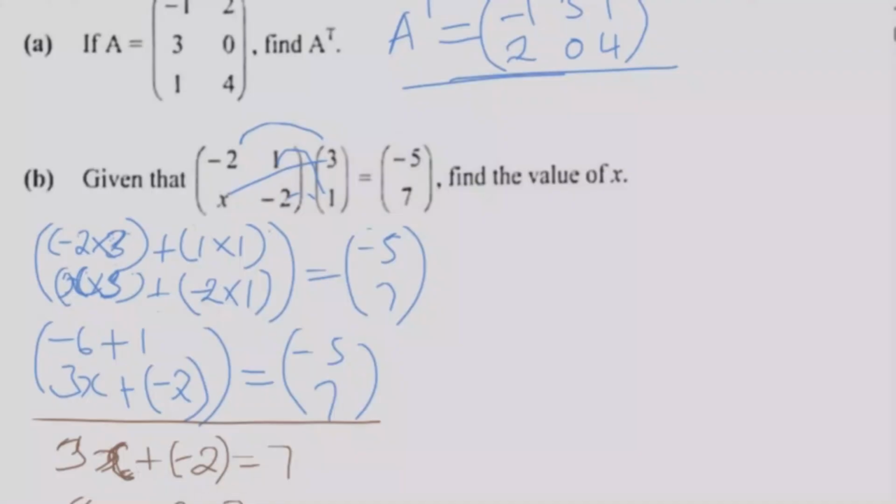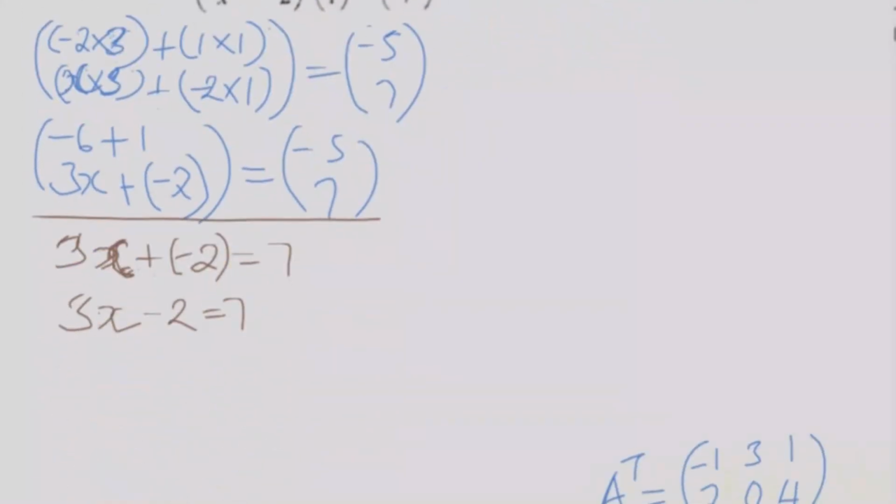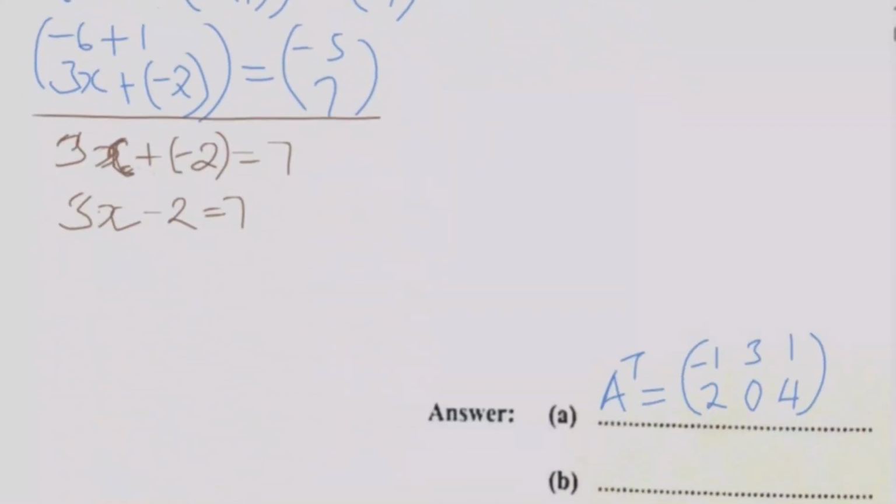Then we put like terms together, so we have 3x is equal to 7, then the 2 crosses the equal sign and becomes positive, so it's going to be plus 2. Then we evaluate that: 3x is equal to 7 plus 2, which gives us 9. Then we divide both sides.